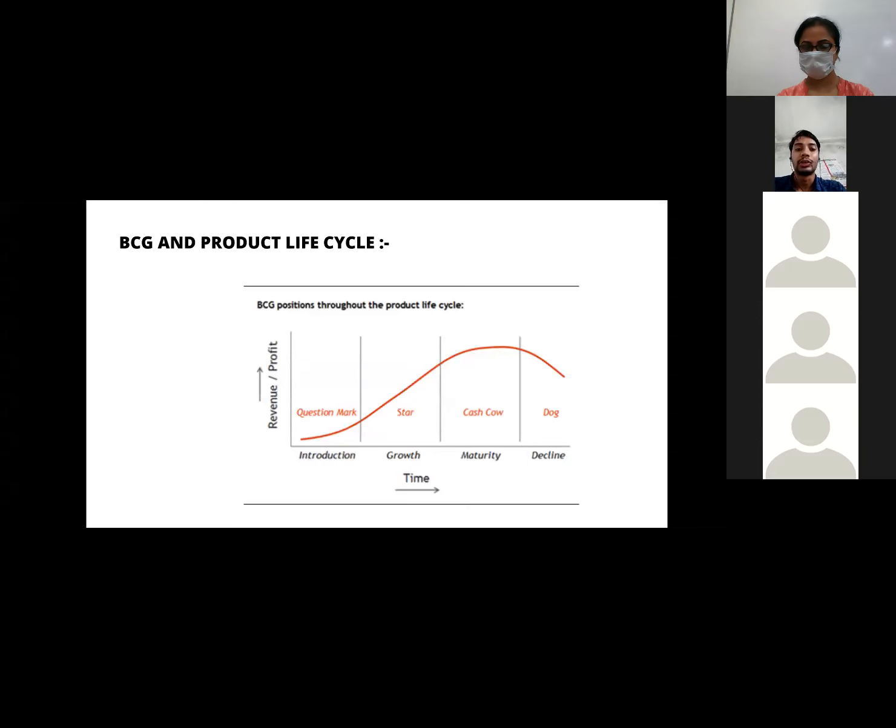That is when sales are increasing at their fastest rate, and it generates a large amount of cash, but also requires heavy investment. And the third one is cash cow, which we can compare with the maturity phase. That is when sales are near their highest, and the market is saturating slowly.